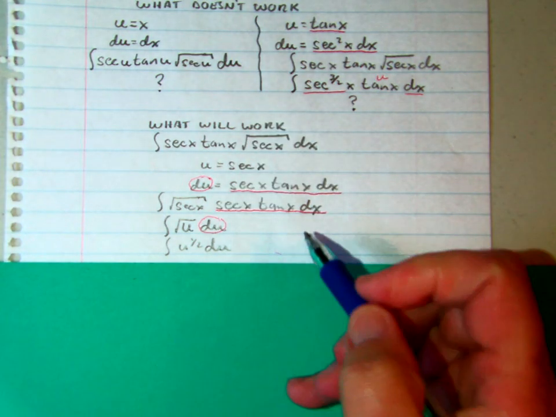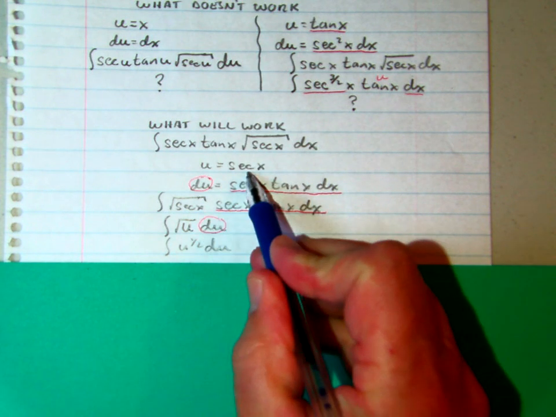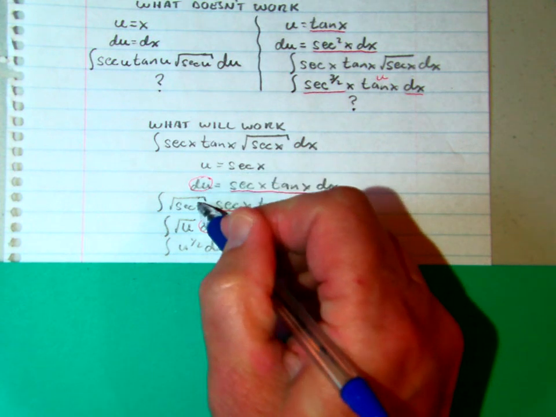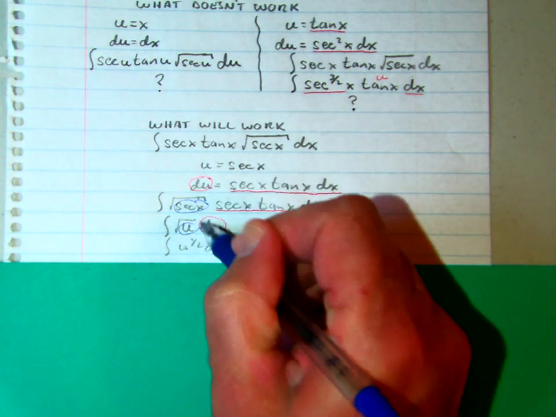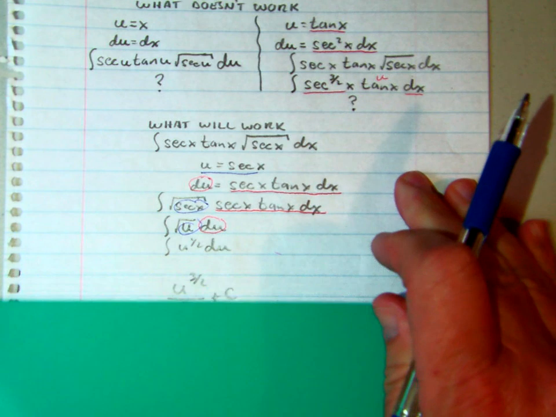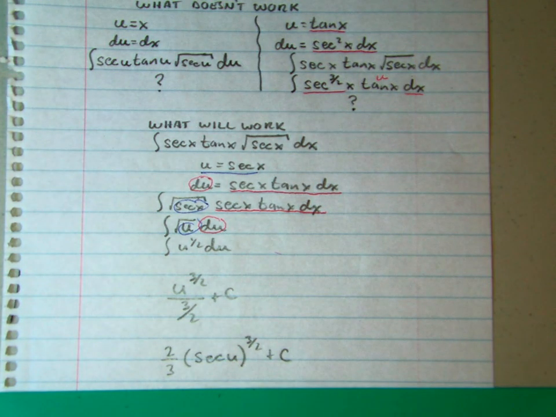Then we're left with the square root of the secant of x. Well, secant of x is just u, so we'll replace that. And now we have something that we definitely know how to integrate. Rewrite the square root of u as u to the 1/2, basic power rule, back substitute, and that gets us to our final answer.